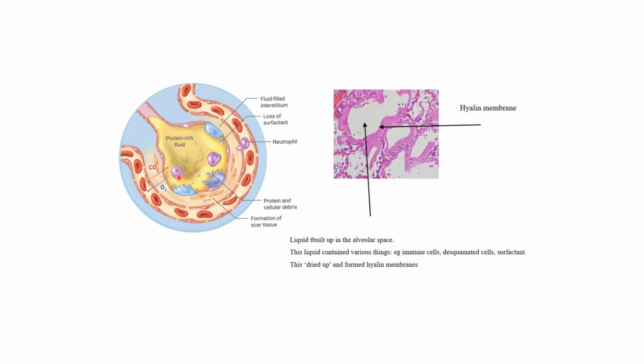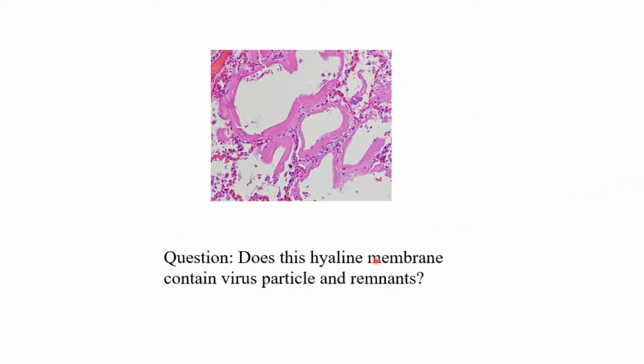It dried up and became hyaline membranes. Does this hyaline membrane contain virus particles and remnants of it? We saw so much virus there was. So, when these membranes formed, do they contain virus particles?